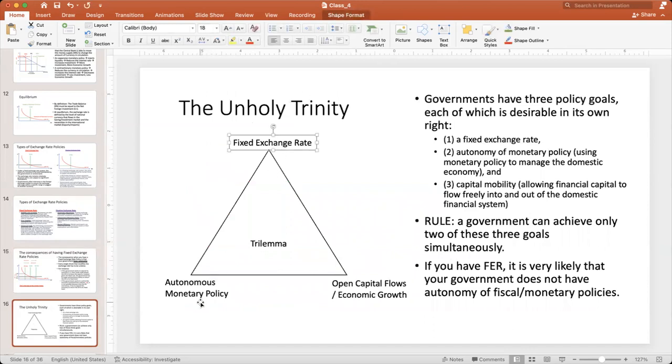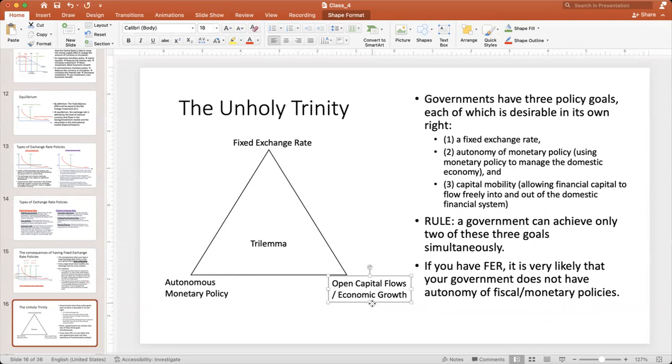However, they also want to have autonomous monetary policy. Why? Because they can use monetary policy to control inflation or to boost the economy, to give money to the people, to mobilize the factors of production and so on to create growth.